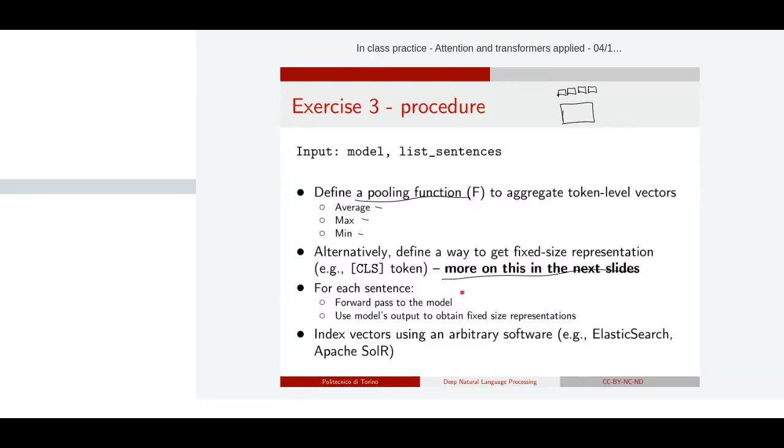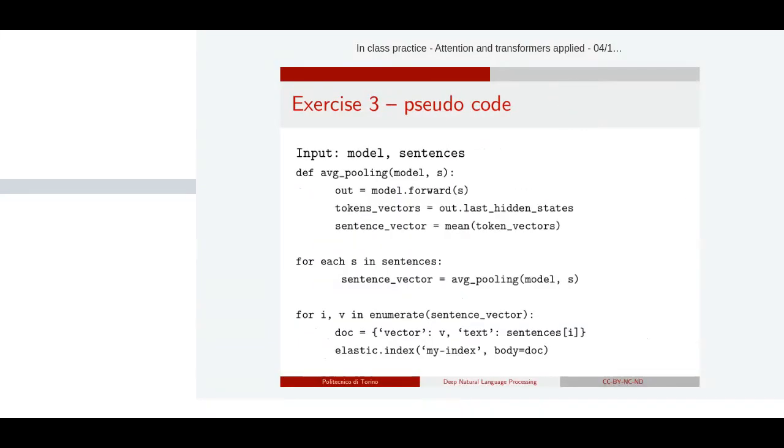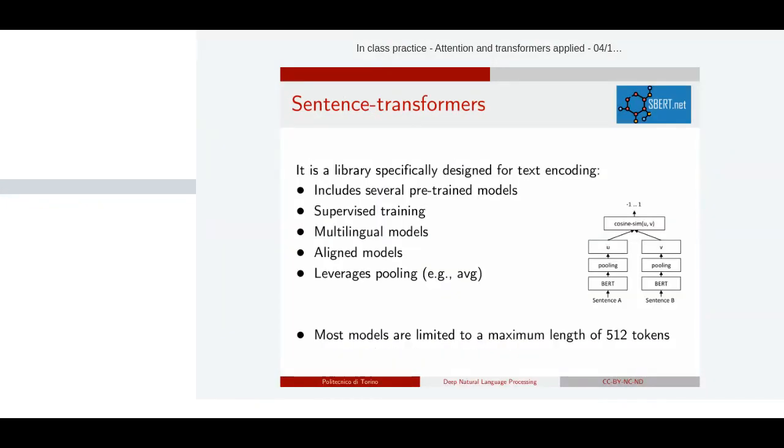For each sentence, we can forward pass it to the model and use the output of the model as a vector representation for the document, and we can index those vectors in Apache Solr or Elasticsearch, which are software used for information retrieval and for building search engines. Here you have the pseudocode, similar to the one that you have already seen. I want to point out one of the libraries that you used yesterday, Sentence Transformers.